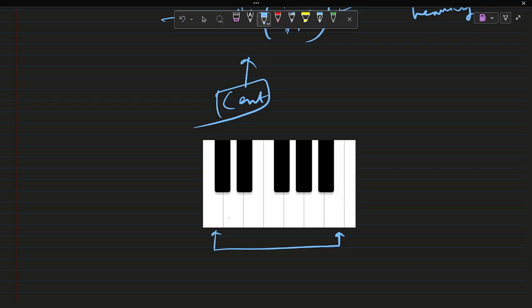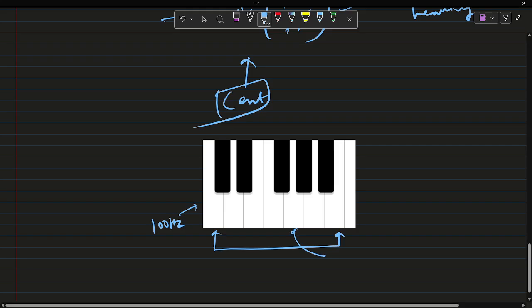Suppose the frequency of this note is 100 hertz, and the frequency of this note is 410 hertz.